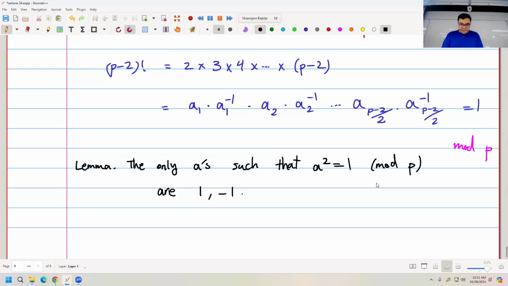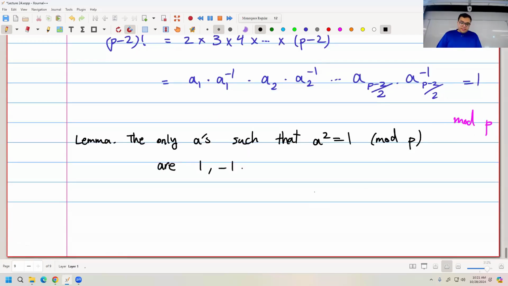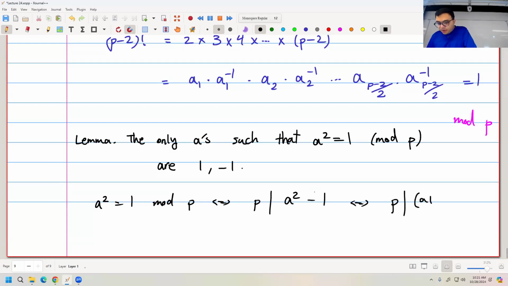Okay. But this is quite easy. So here's the thing. Let's say a squared is 1 modulo p. What does this mean? This means that a squared minus 1 is a multiple of p, right? But what is a squared minus 1? Yes, so it's p divides (a+1)(a-1). But p is a prime number.